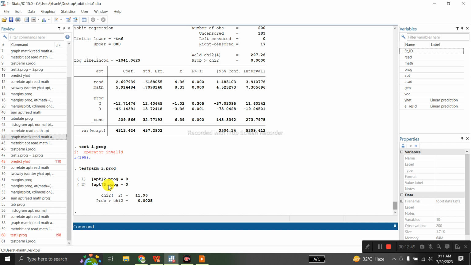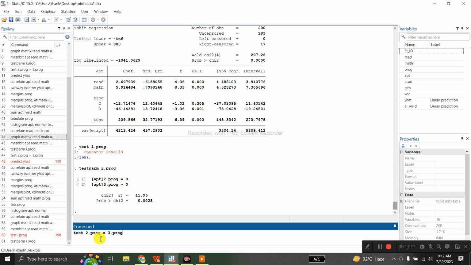So we can safely reject this null hypothesis, and our conclusion is that the coefficients of these two programs, that is the general program and the vocational program, are not jointly equal to 0. This is because this coefficient is highly significant, this one is not significant. We can also test an alternative hypothesis test. 2.prog is equal 3.prog.